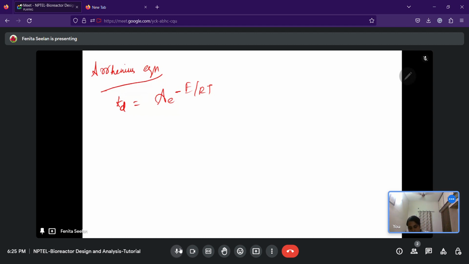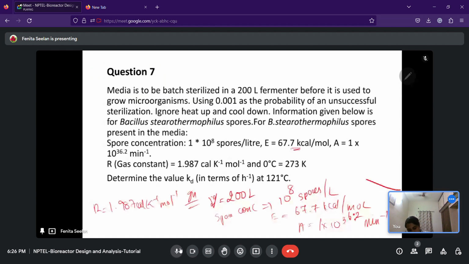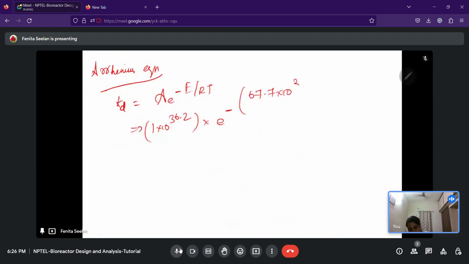So let's start solving it. Your A value is 1 into 10 power of 36.2 into e power of minus E, which is 67.7 kilocalories. We will convert it into calories, so that's why we are adding a 10 power of 3 here.